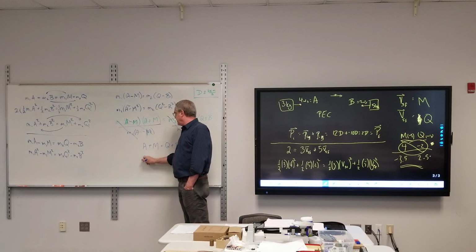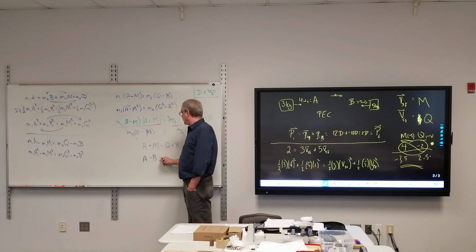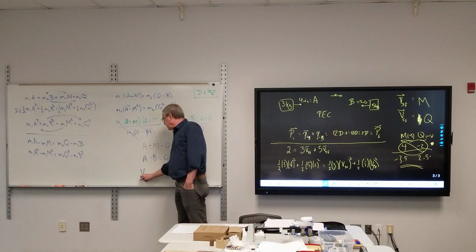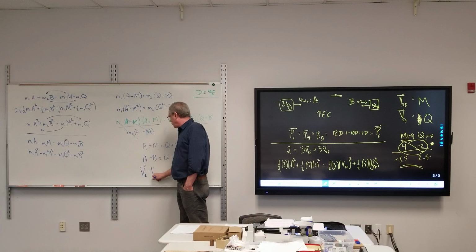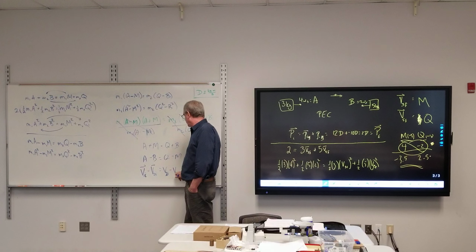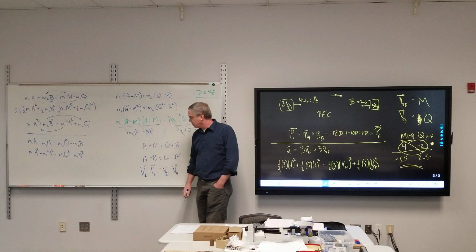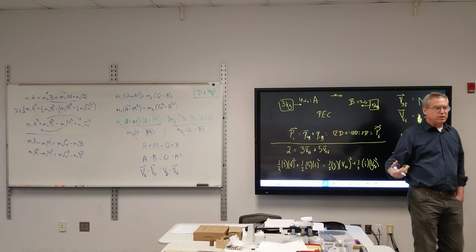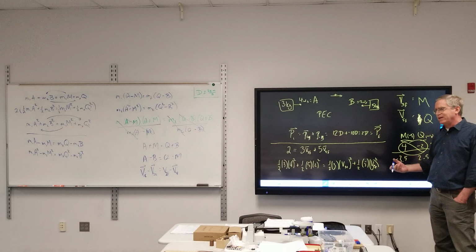So I have A minus B is equal to Q minus M. In other words, I have v1 initial minus v2 initial is equal to v2 final minus v1 final. This is known as the relative speed of approach is equal to the relative speed of recession.